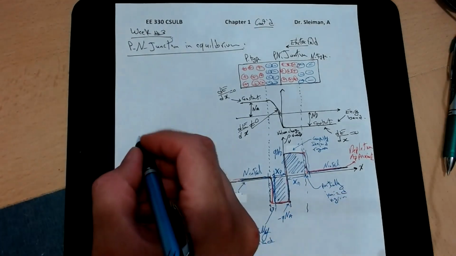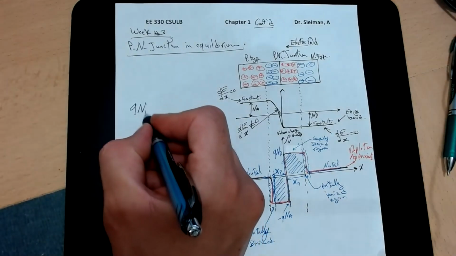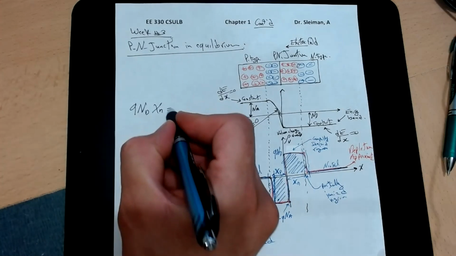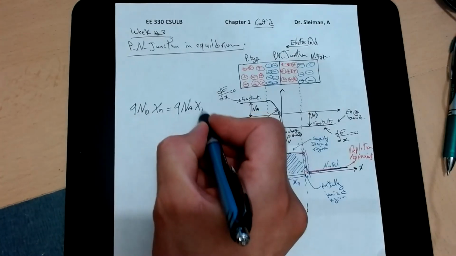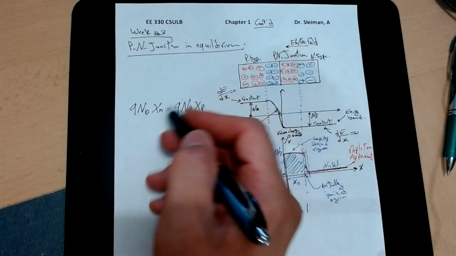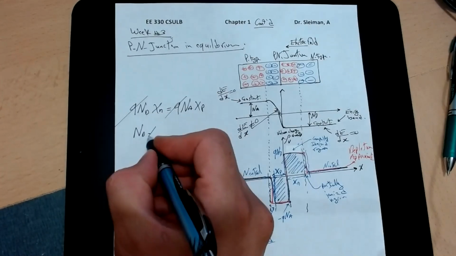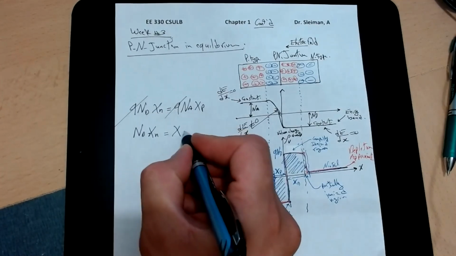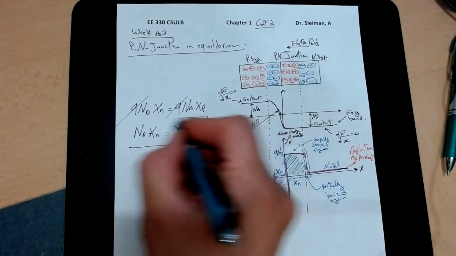So qND XN is equal to qNA XP. So we end up with ND XN equal to NA XP.